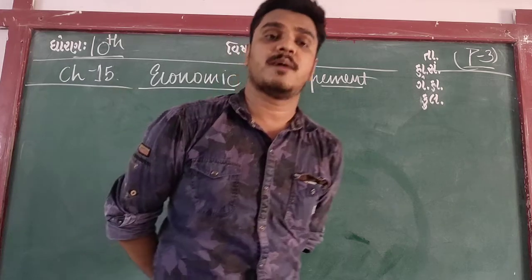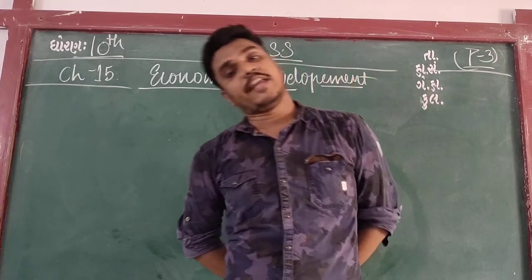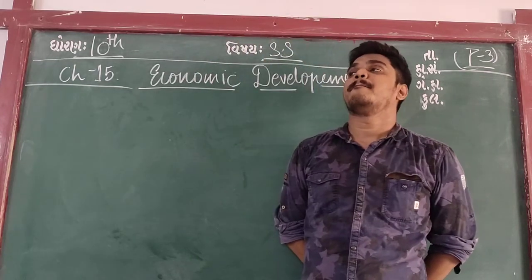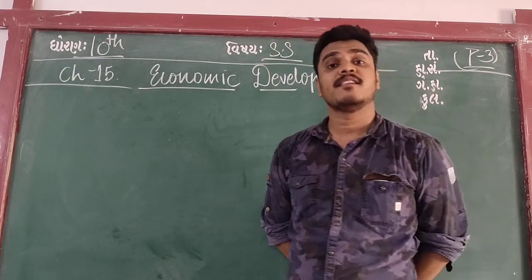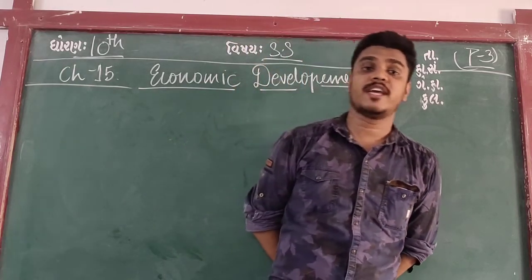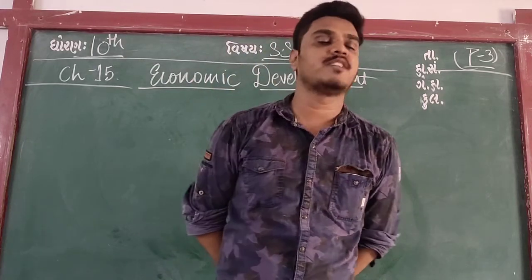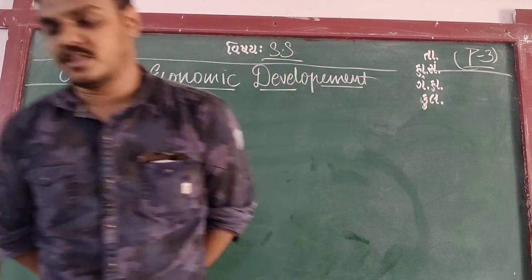Doing a job for a company is an economic activity. Helping an elder brother is non-economic. Running an academy is economic. Teaching someone, providing tuition or coaching, is an economic activity.